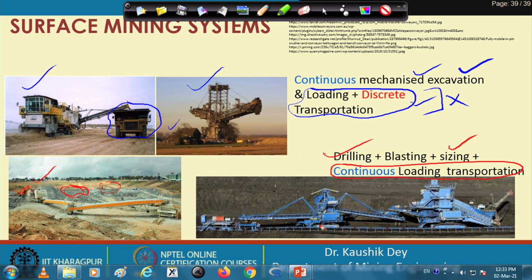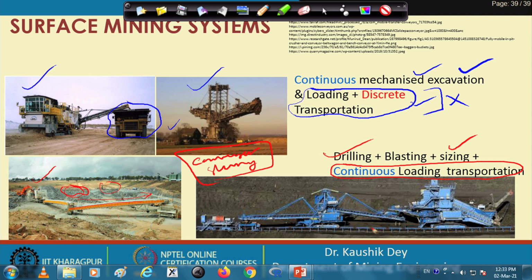The continuous transportation systems we are using are mainly conveyor or slurry transportation systems. Both of these transportation systems demand sized, smaller-size material. That is carried out by a crushing system here, and the mobile crusher discharges the material onto the conveyor system, which then gradually transfers it.